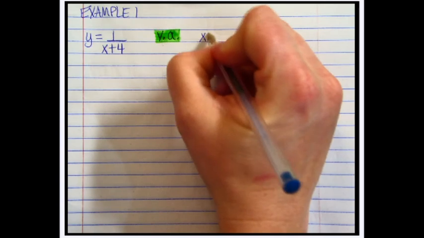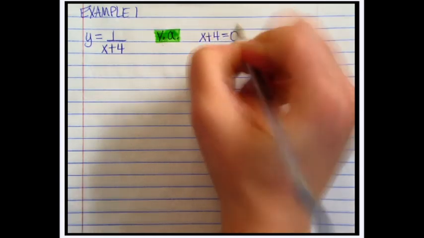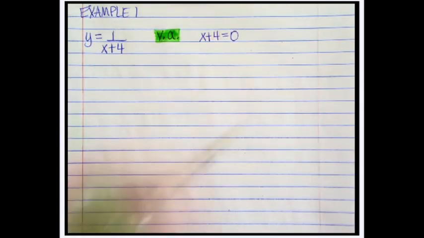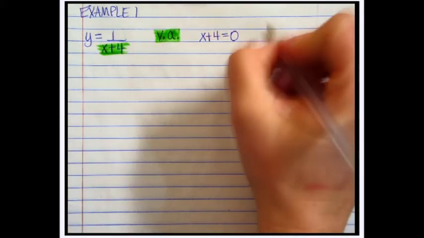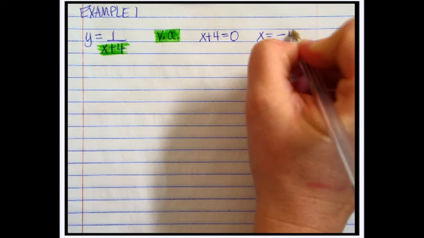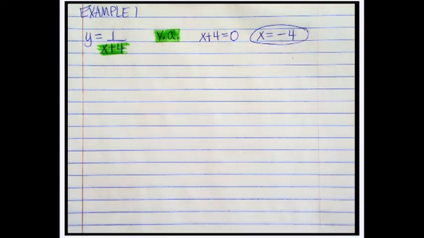So we just take x plus 4 equals 0, and we solve for that, and we get x equals negative 4. What we should see in a minute when we go look at Desmos is a vertical line at negative 4. We won't actually see the line, but we should see our graph behaving differently at negative 4.